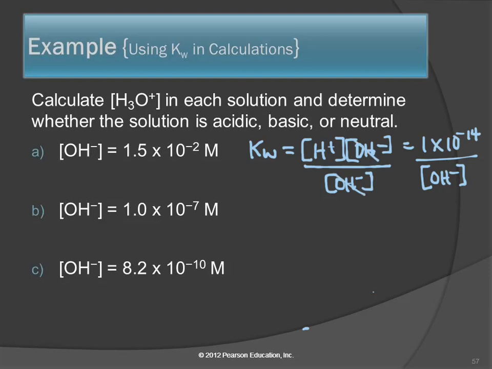Those cancel out. So then the hydrogen ion concentration will equal 1.0 times 10 to the minus 14 divided by the hydroxide ion concentration, 1.5 times 10 to the minus 2.